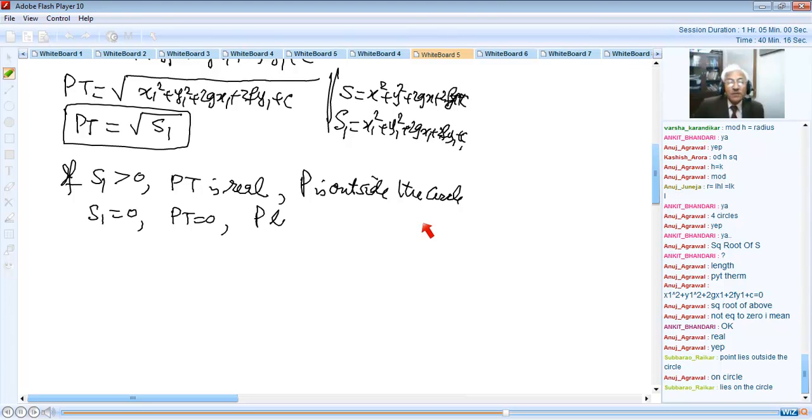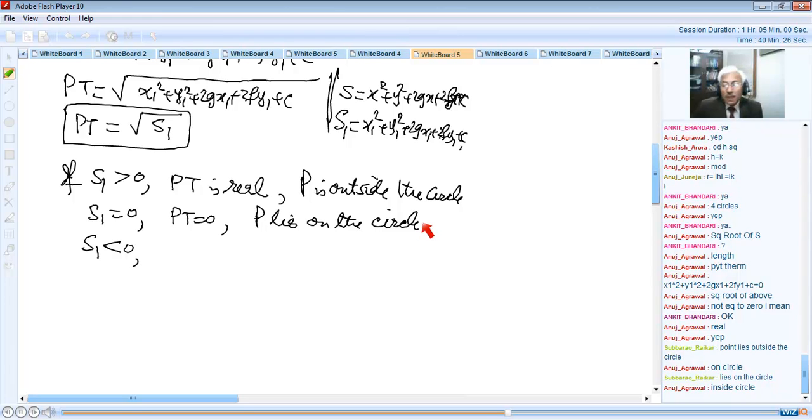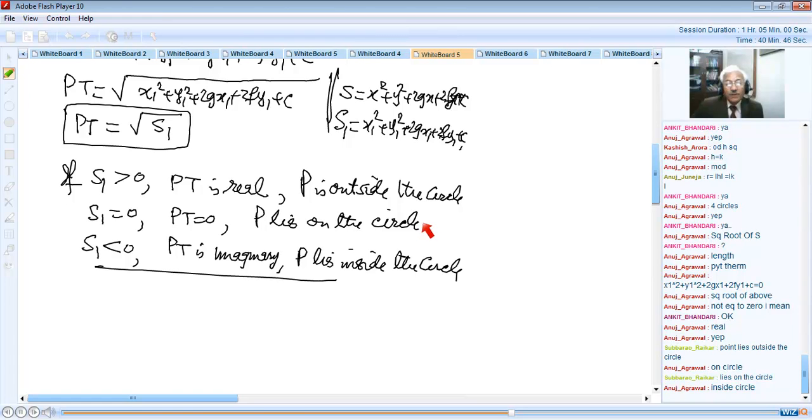P lies on the circle. And if S1 is less than 0, PT is imaginary. Therefore, P lies inside the circle. That's a very important observation.